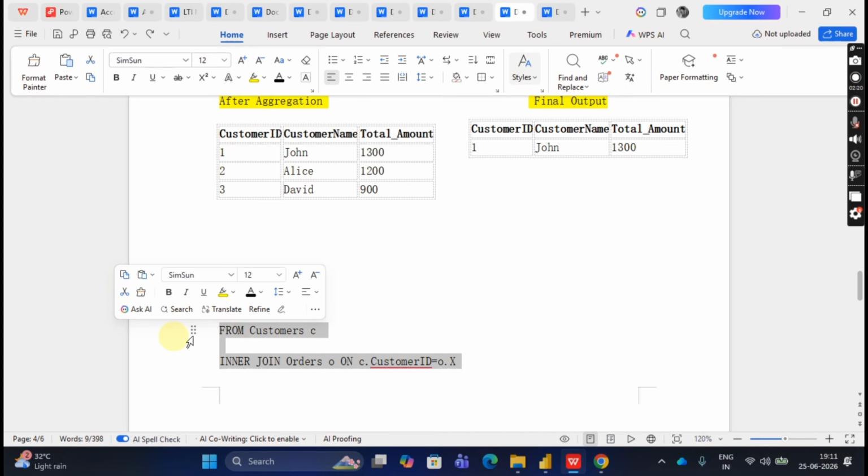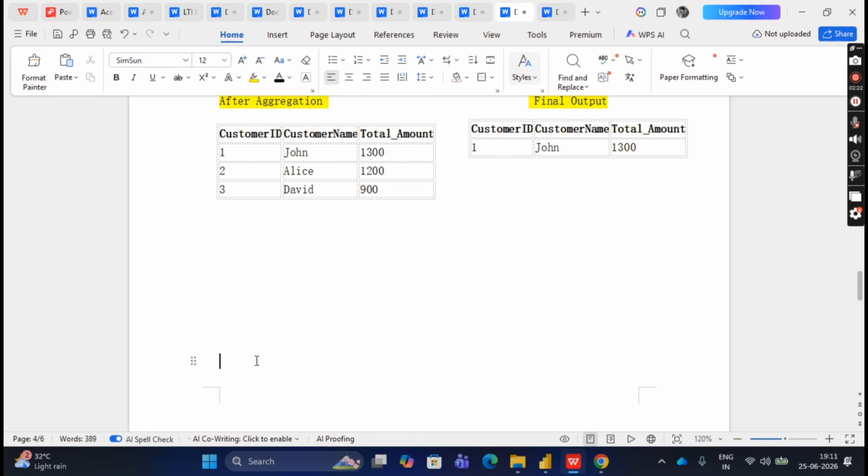First let us do the inner join between both the tables. I'll write the query. From customer C inner join orders O on C.customer_id equals O.customer_id. So we are doing the join between 2 tables on the basis of the common column customer ID in the customer table and orders table.